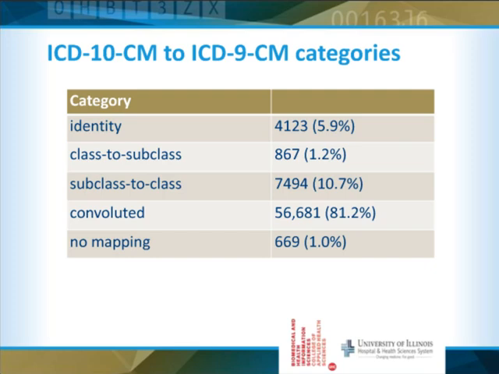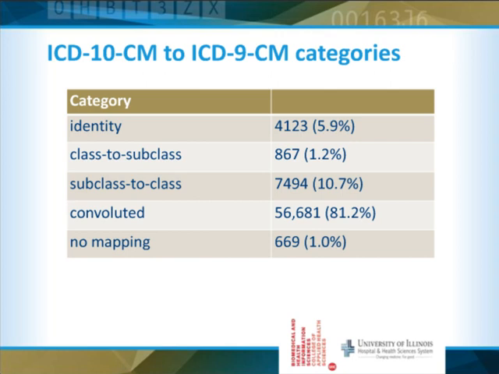So, this whole time we've talked about going from 9 to 10. We're crossing a bridge. And when you're looking forward, things look relatively rosy. However, once we're in 10, if you're trying to map backwards to 9, even looking at both ways, the percentages change.